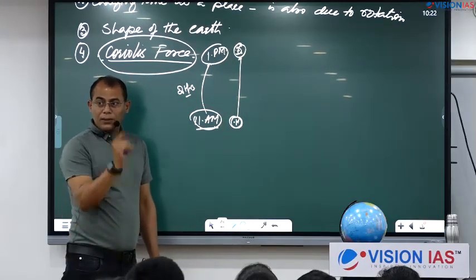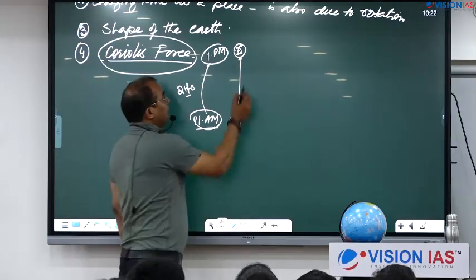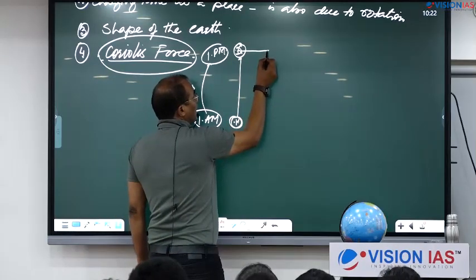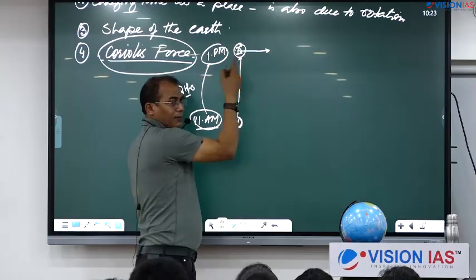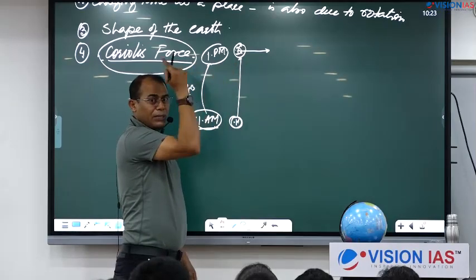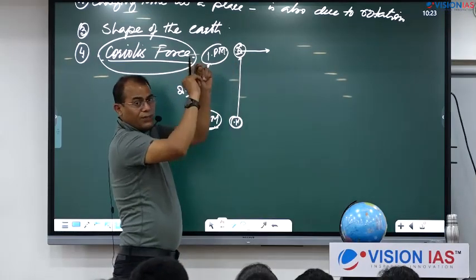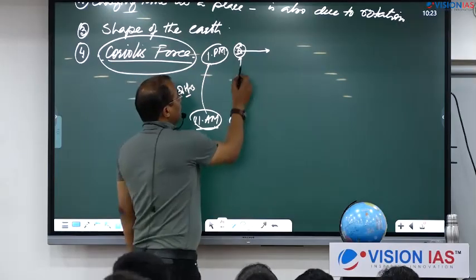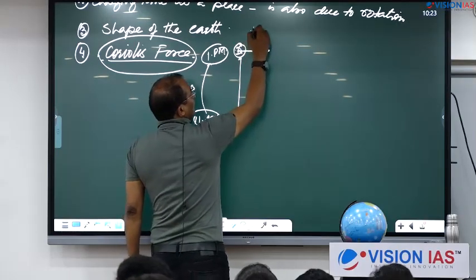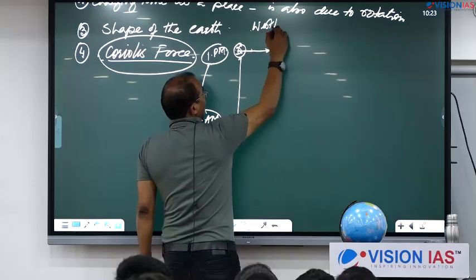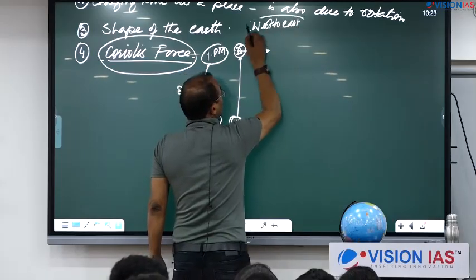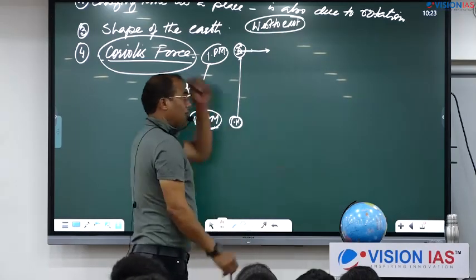Because Earth is rotating, Delhi will be shifting 1/12 of the circumference. 24 hours is one complete rotation, so in 2 hours it will be shifting somewhere. The rotational direction is west to east, right?